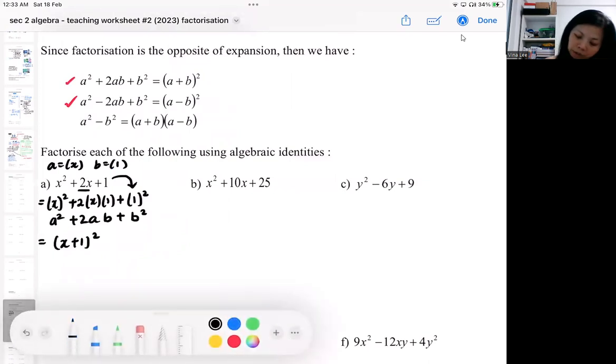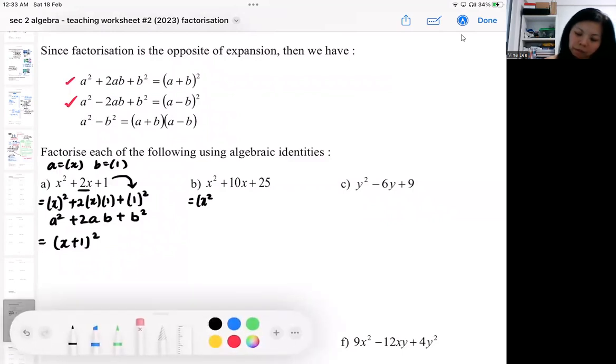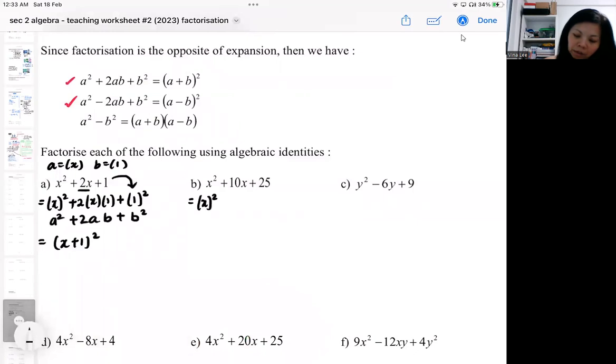So the next one, x squared plus 10x plus 25. The x squared is usually the not so challenging one. Here comes a challenge: this is 10x, how am I going to split it? If you think a little bit backwards, it'll be 2 times x times 5. Can you see?